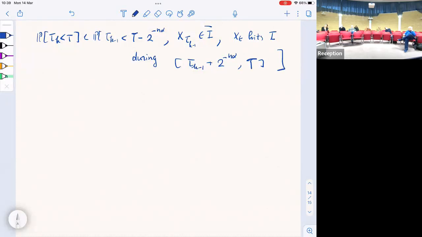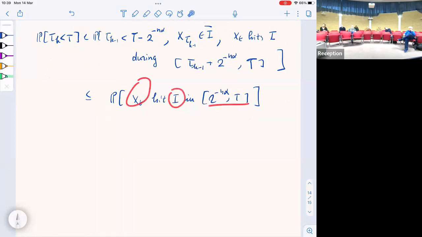Okay. So we can apply the Markov property at this starting time, and eventually what we end up with will be that X_t hits I in 2 to the negative n alpha, t. Okay, so my process is going to hit the interval in this interval.